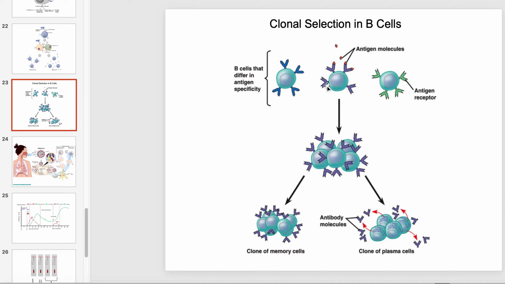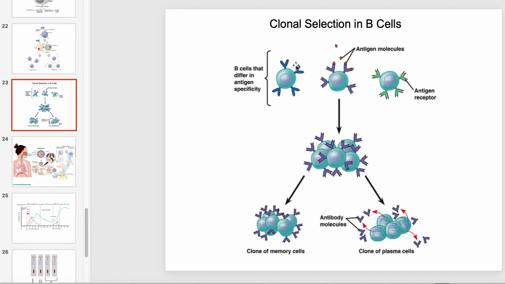And so that particular B cell out of a pool of thousands will be the one that's selected. And this one will then recognize the appropriate T cell and then will differentiate into the right pool of memory and antibody producing plasma cells. This is called clonal selection.